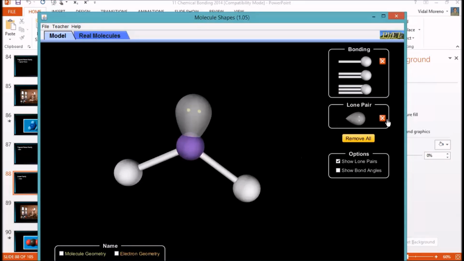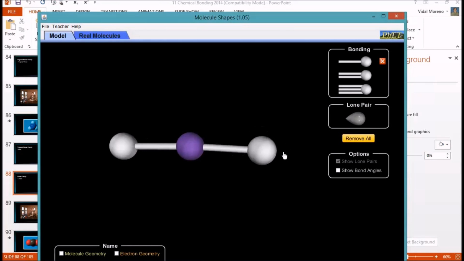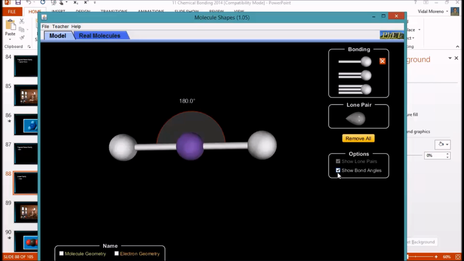All right. Get rid of this, and that's all you have. What is the hybridization? How many bonding sites? 2, so it's sp. Angle. Duh, 180.